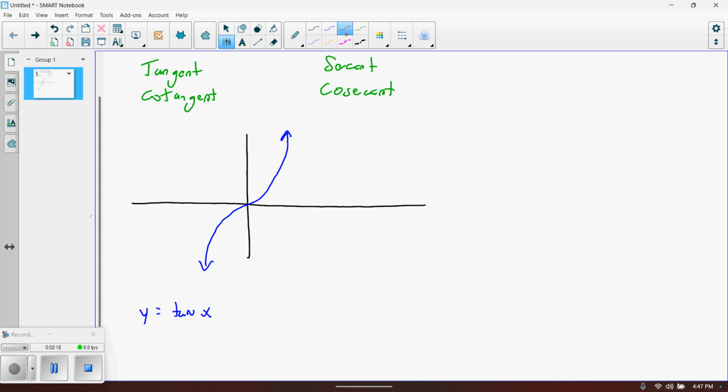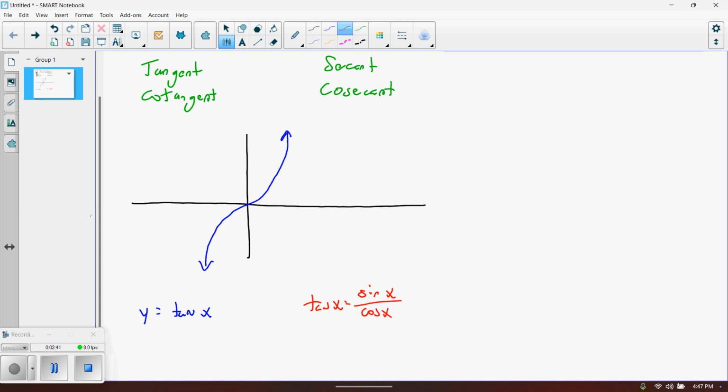What tangent, cotangent, secant, and cosecant all have that sine and cosine didn't have are asymptotes. Okay, these are all going to have vertical asymptotes attached to them. And that's because if you remember, tangent is defined as the sine of x divided by the cosine of x.